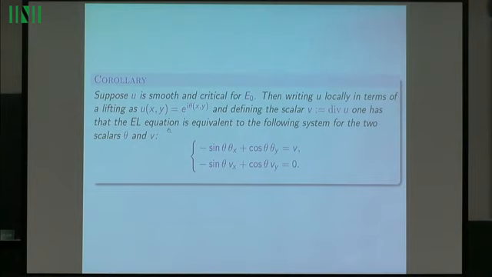And the first equation, if you think about it, says that characteristics must be arcs of circles with a radius equal to 1 over the divergence. And in fact, if the divergence is equal to 0, then the characteristics become straight lines, and that is what you see for Aviles-Giga.